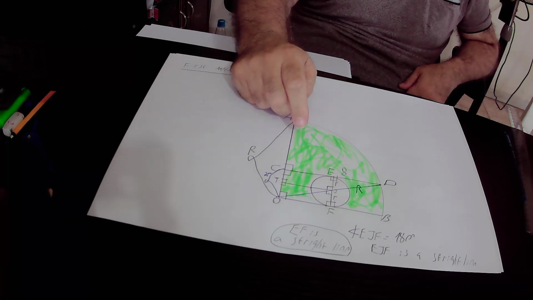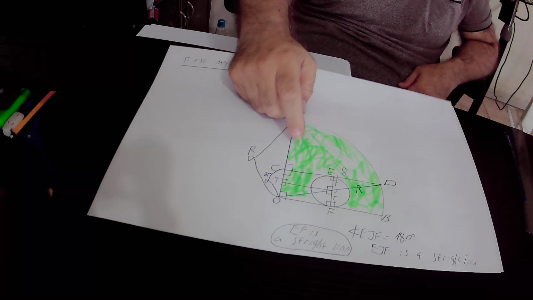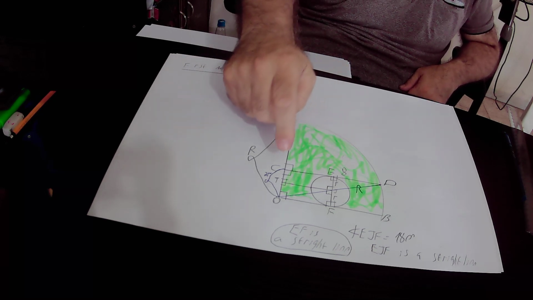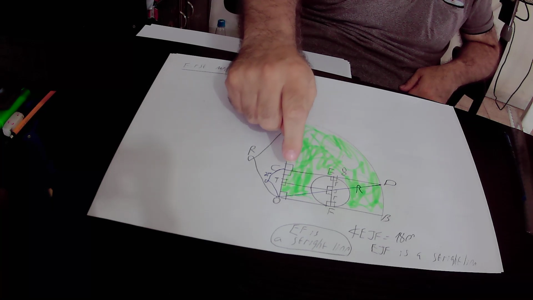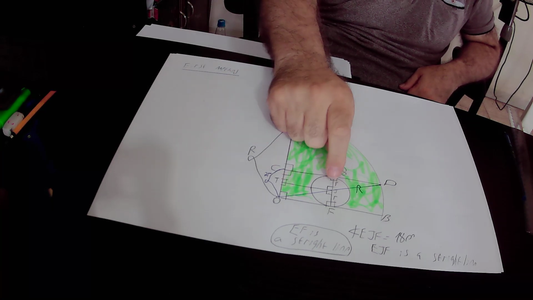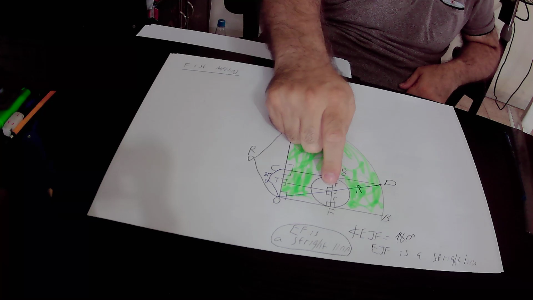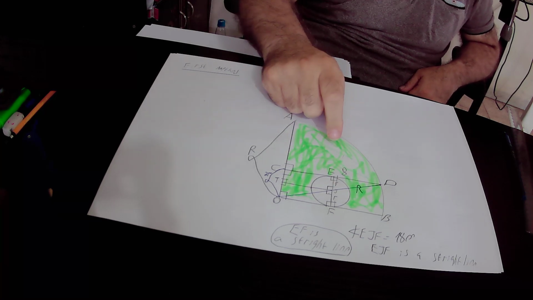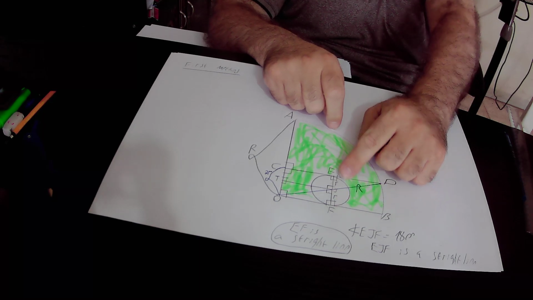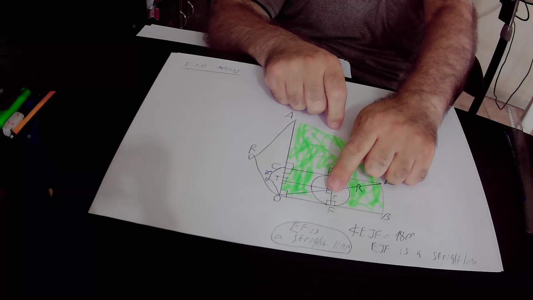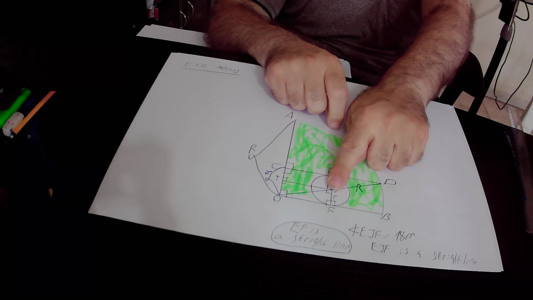Likewise, according to the same rule, in quadrilateral CETJ, we have 1, 2, 3 right angles. Therefore, the fourth angle must also be equal to 90 degrees. So actually, we found out that angle EJF is equal to 90 degrees plus 90 degrees, which is 180 degrees.